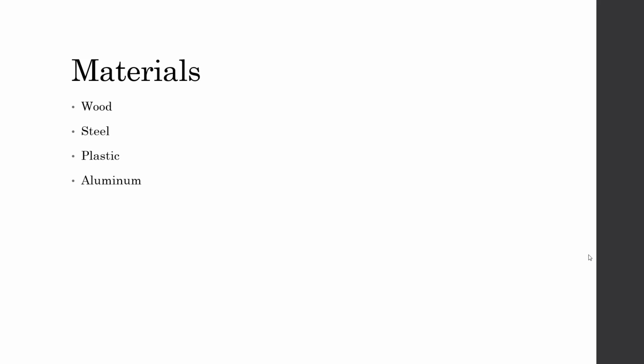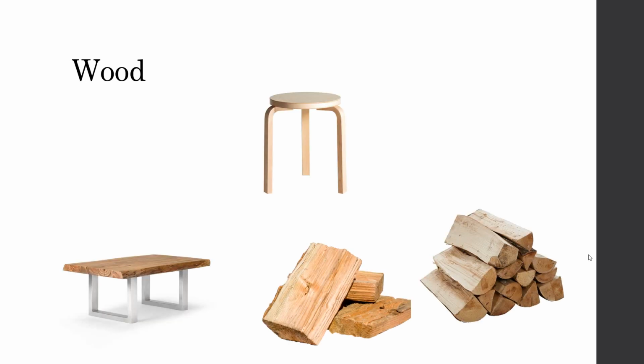Let's start. The materials that I'm going to talk about are wood, steel, plastic, and aluminum. The wood is taken from the trees, then it is carried by trucks to the storage of the company. Then it passes through a cutting process, depending on its function.